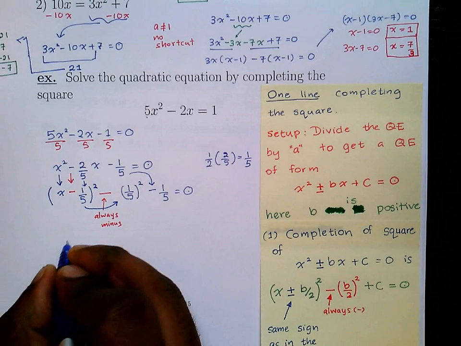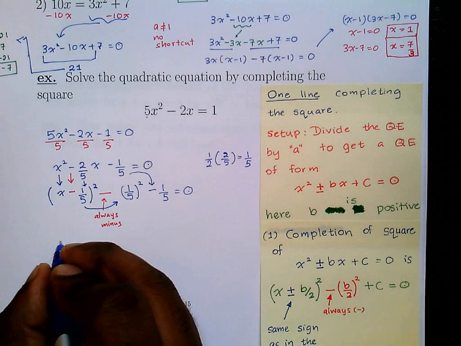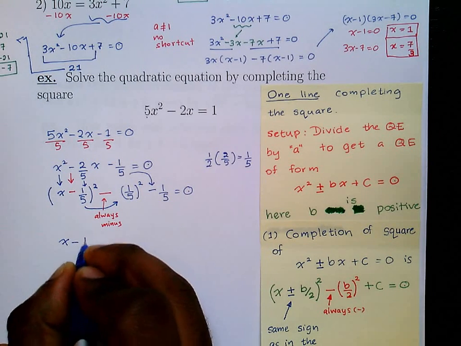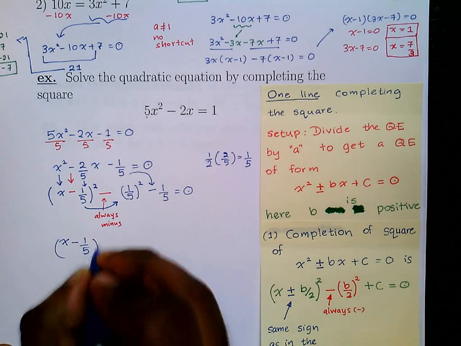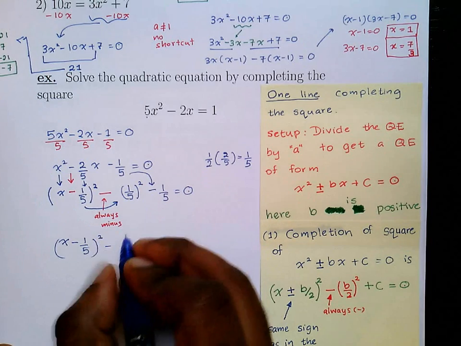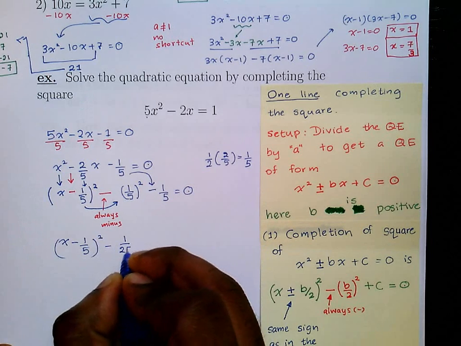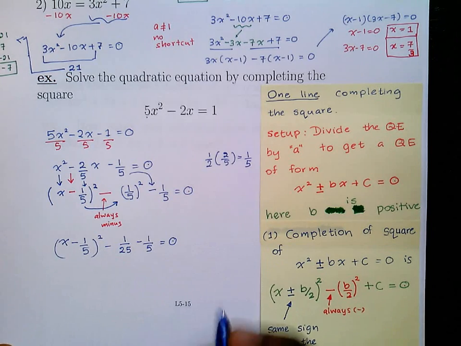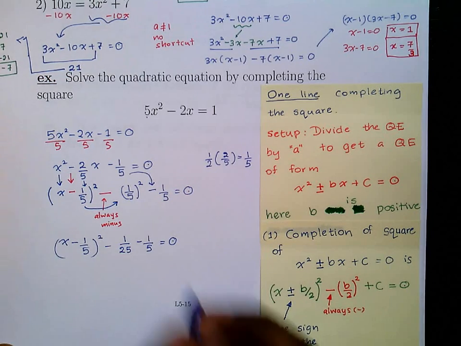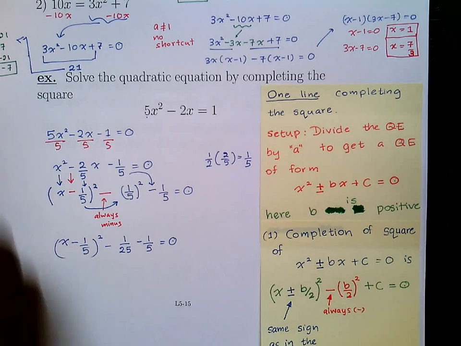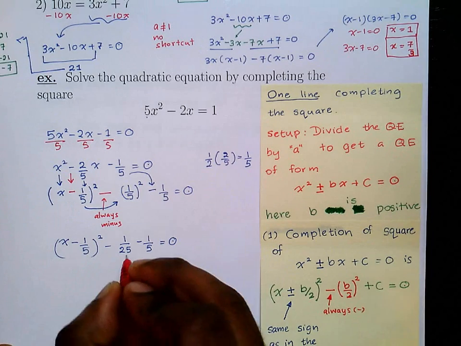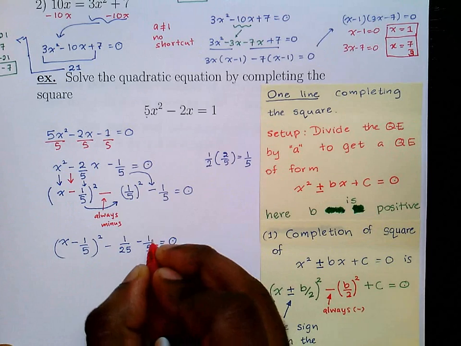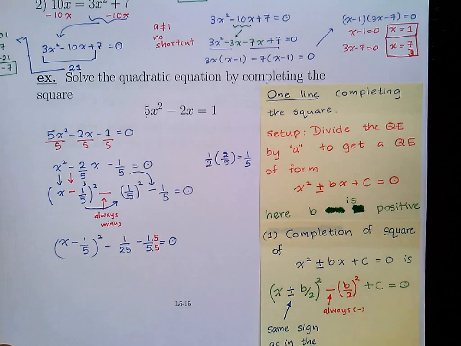So just write one more simplification step to make sure everything is nicely written. x minus 1/5 squared, now you can square this, that would be 1 over 25, minus 1/5 is equal to 0. Now the completing the square step is done. So you can add this up with the least common denominator, that would be 25.